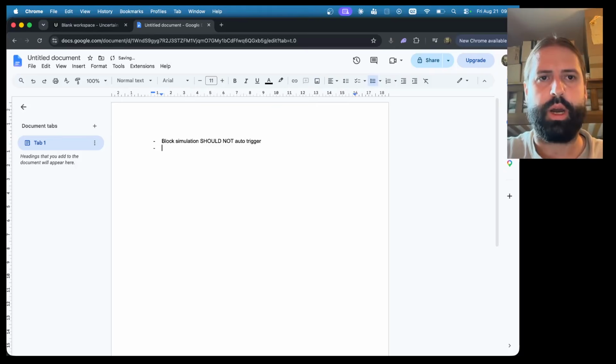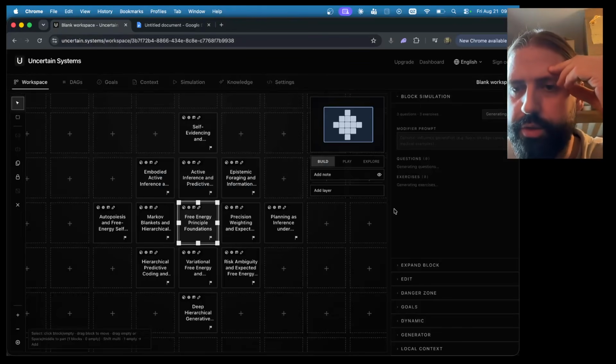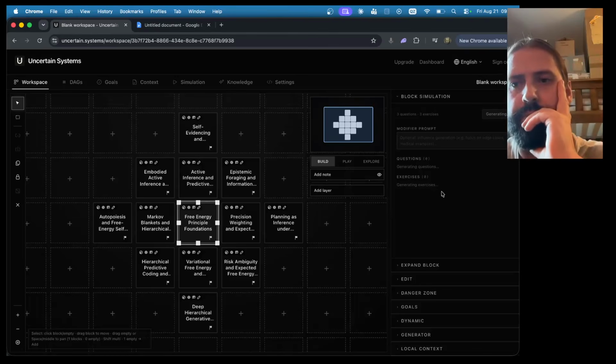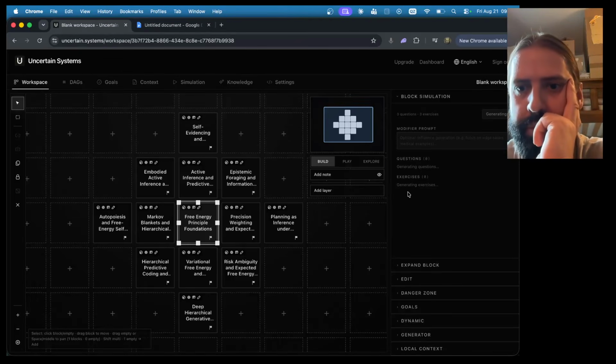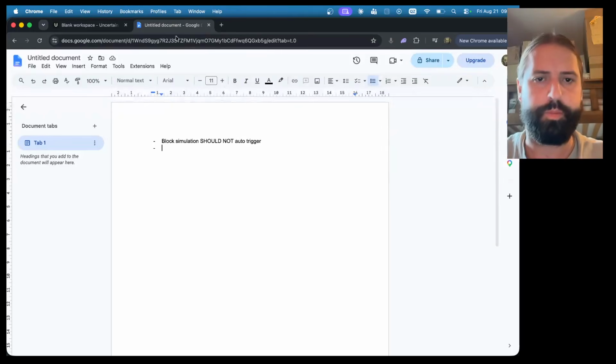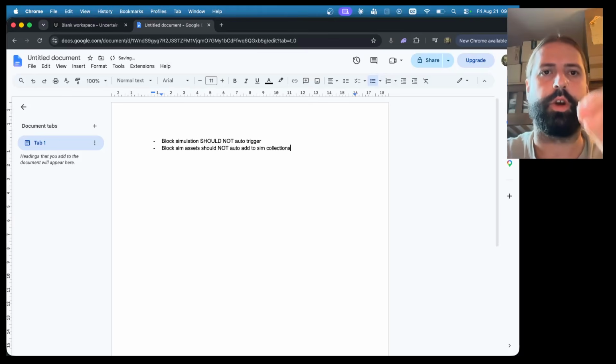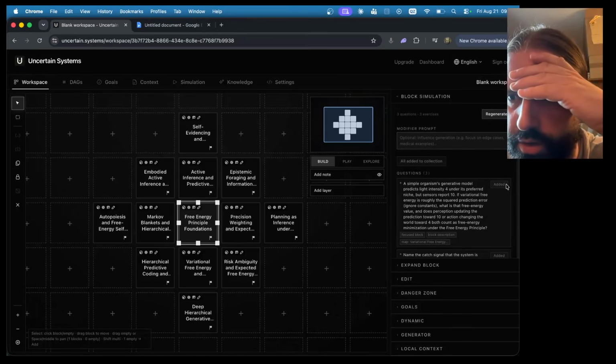This is definitely a bug. I just want to get a feel of what I'm getting here before I start in play mode. So I'm just taking notes as I go, because I know those things get auto added.